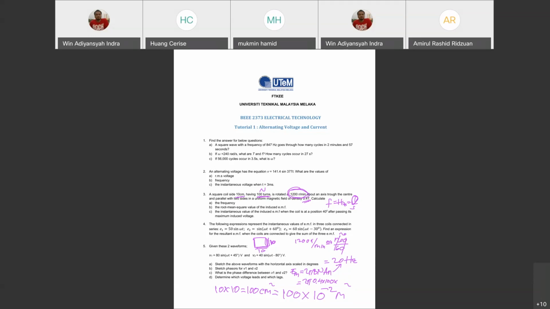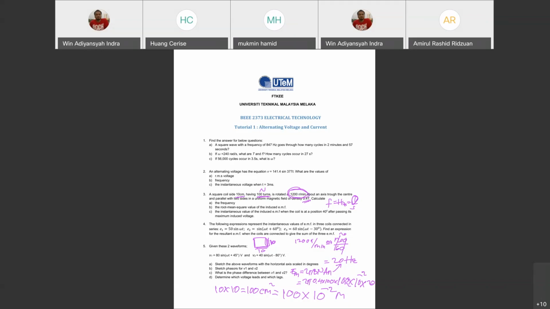Square centimeter to square meter, yes, correct. So this one is 100 times 10 to the minus 4. Small n is the frequency, 20 then.